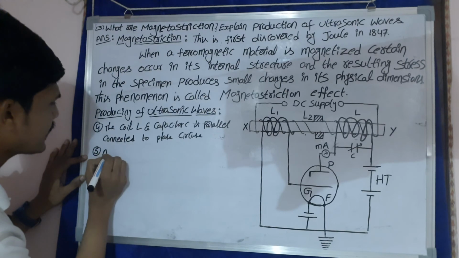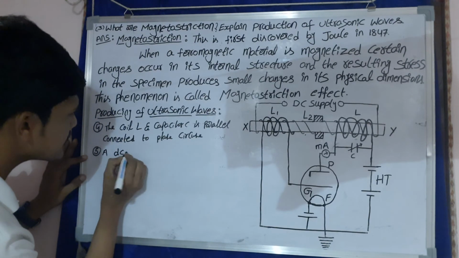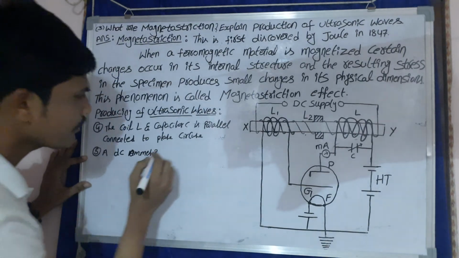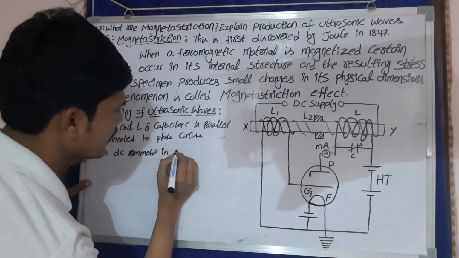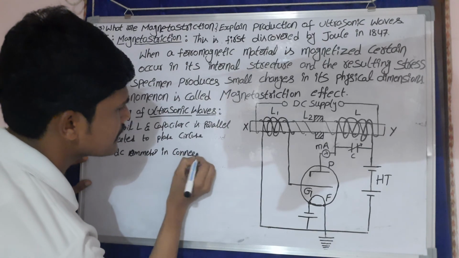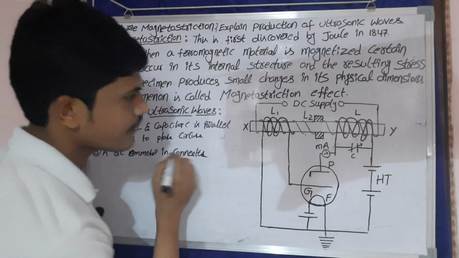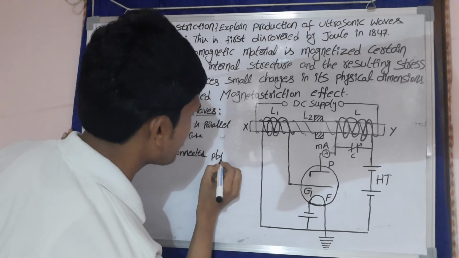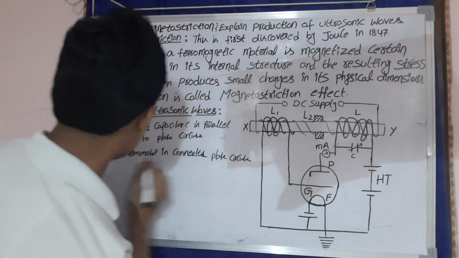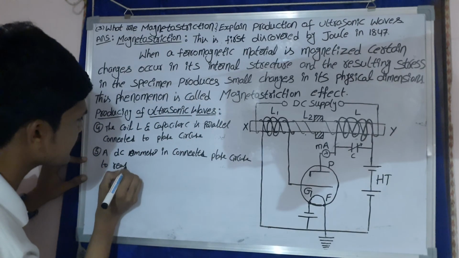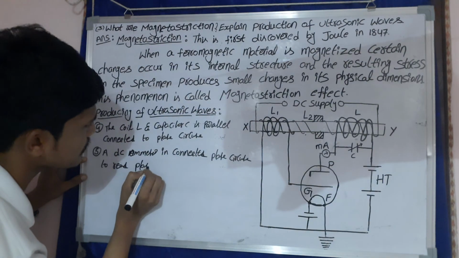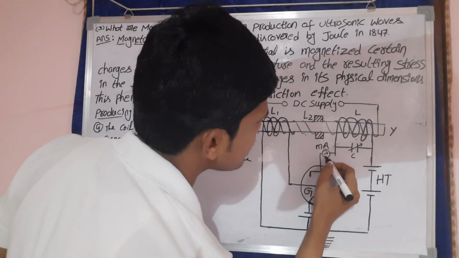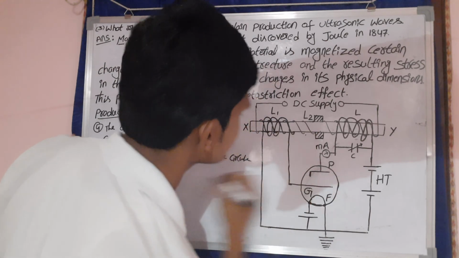Next, a DC milliammeter is connected in the plate circuit to read the plate current.